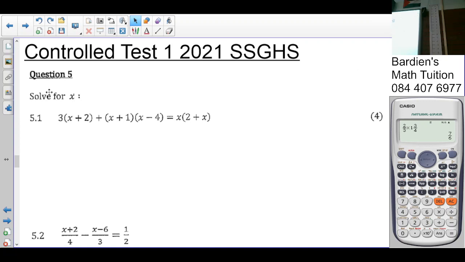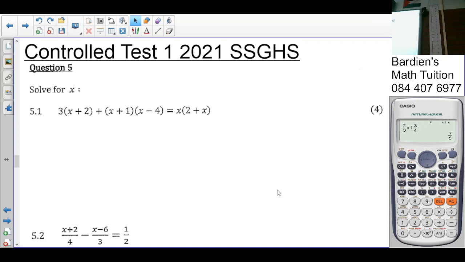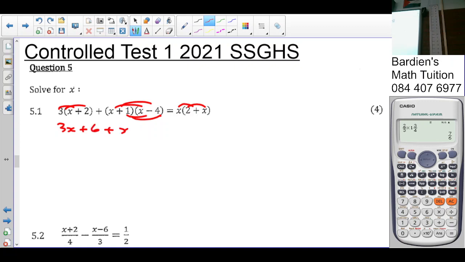The next one is question 5.1. The question says solve for x. So this is your equation. Alright. So let's multiply. So we're going to get rid of the brackets first. So 3 times x is 3x plus 6 plus x squared minus 4x plus x is minus 3x. 1 times -4 is -4 equals 2x plus x squared.